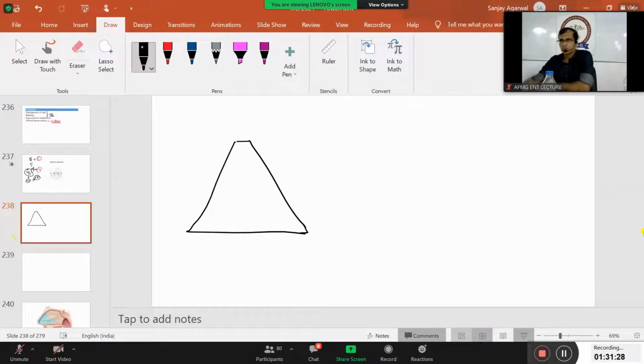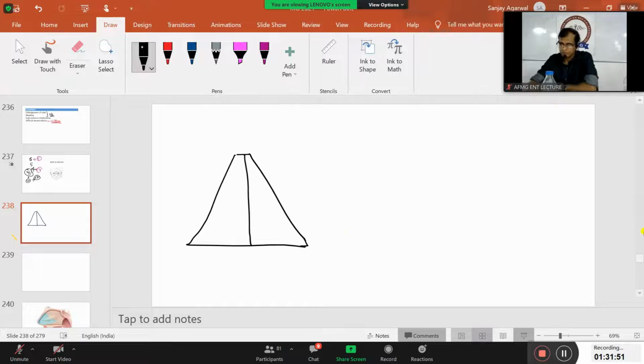We know that it is divided into 2 equal halves by a boundary in the midline. This is called the nasal septum. This is the anteroposterior groove.